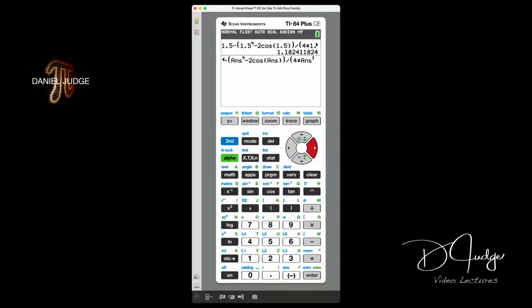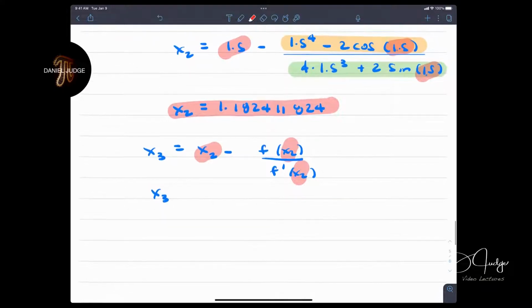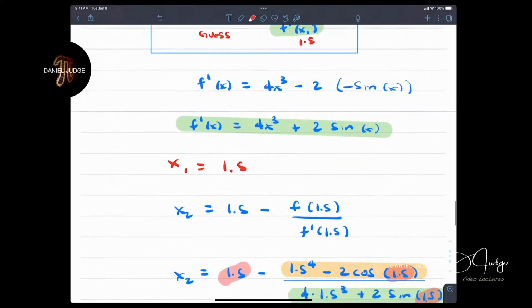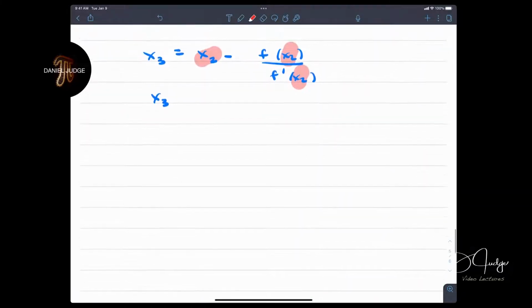Come out of there, plus 2 cosine of the prior answer. Close that again. You could go back and double check to make sure this is exactly what you're entering, because this is our function. And we're going to get x3 now.